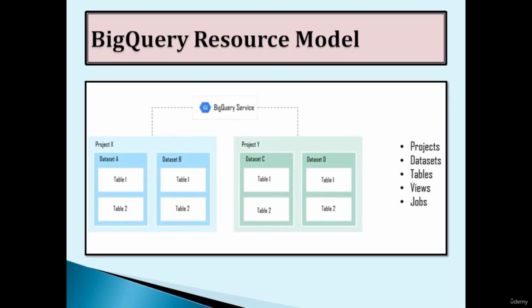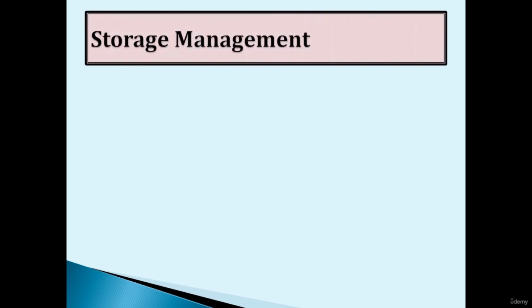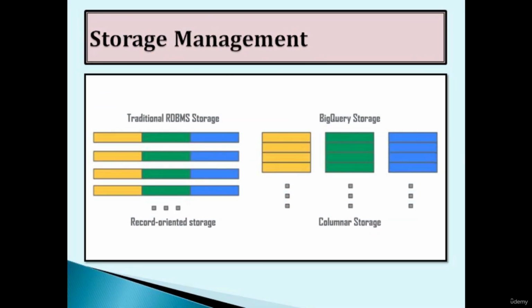The next topic we have is storage management. Now let's review how BigQuery manages the storage that holds your data. Traditional relational databases like MySQL store data row by row, meaning record oriented storage.